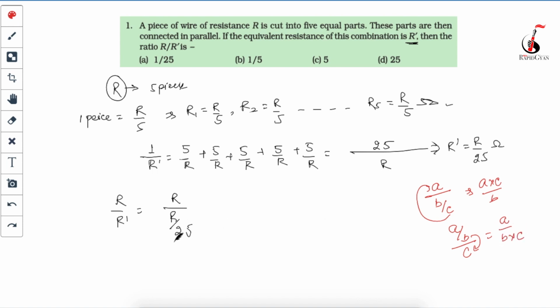So with this property, 25 will go up, so this will become R multiplied by 25 divided by R, so R and R cancel out. Your answer will be 25. And since it's a ratio, it will not have any unit. Remember this, anywhere if you are finding the ratio, it will not have any unit. So the correct answer is D, which is 25. Hope you guys understand this.